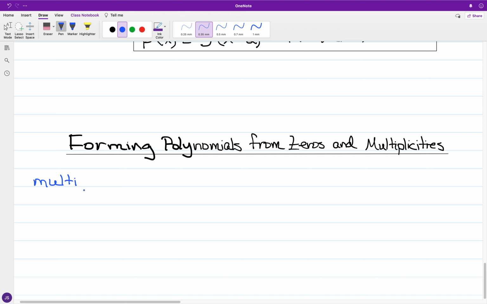Now for the multiplicity of a zero, multiplicity, you're looking at exponents.